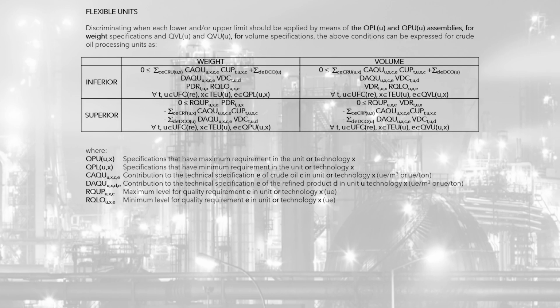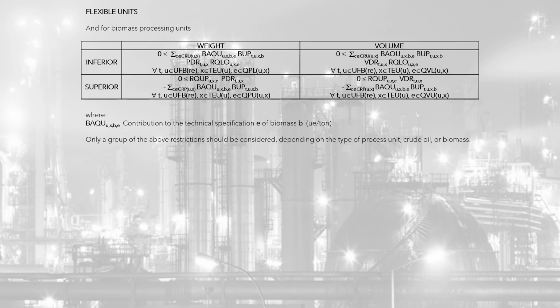Discriminating when each lower and/or upper limit should be applied, through the QPLU and QPU, U, sets, for weight specifications and QVLU and QVU, U, for volume specifications, the above conditions can be expressed for crude oil processing units as shown in the table. And for biomass processing units we have similar equations.